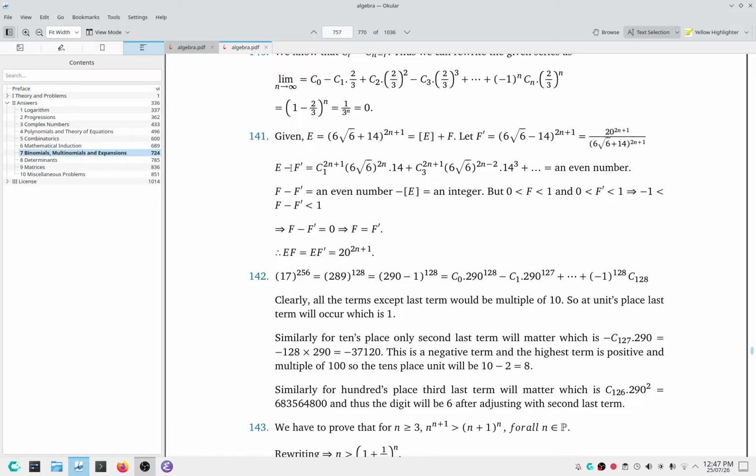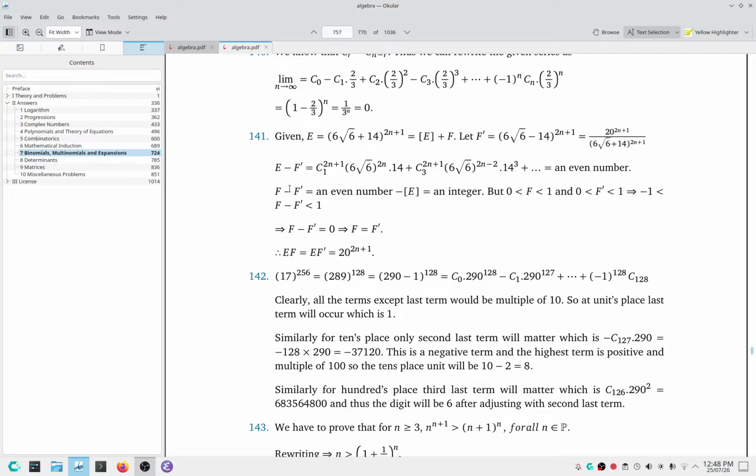Now E minus f prime will be 2n+1 C1 (6 square root of 6) to the power 2n times 14 plus 2n+1 C3 (6 square root of 6) to the power 2n minus 2 times 14 to the power 3 and so on, which will be an even number.